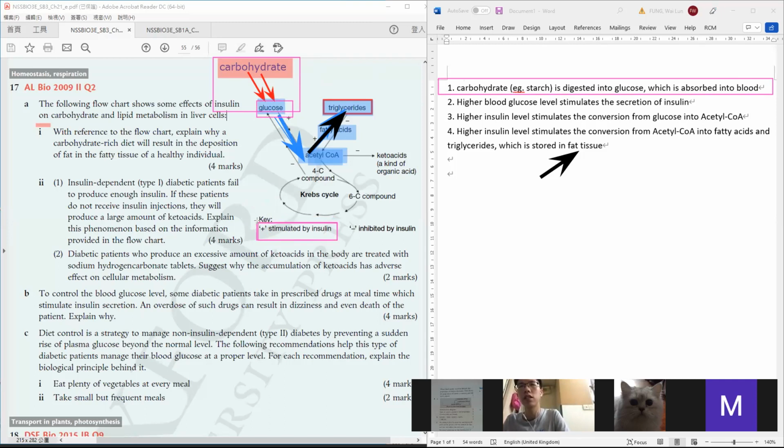With greater insulin effect, you can convert more glucose into acetyl-CoA, convert more acetyl-CoA into fatty acid, and into triglyceride. Okay, by the plus sign, you have to pay attention to the positive sign here. So eventually you convert more acetyl-CoA into fatty acids and triglyceride. Triglyceride is the fat.